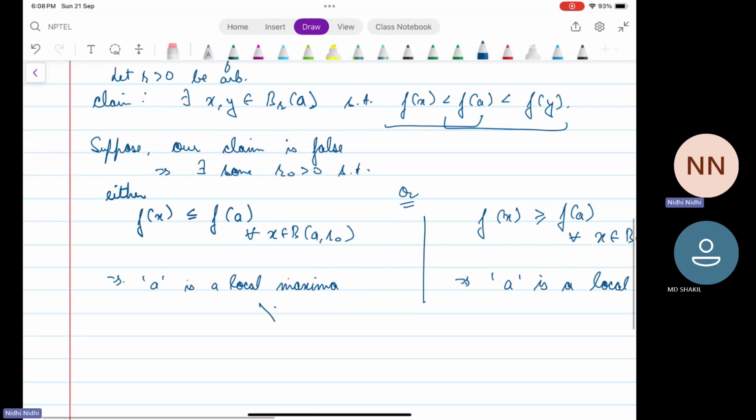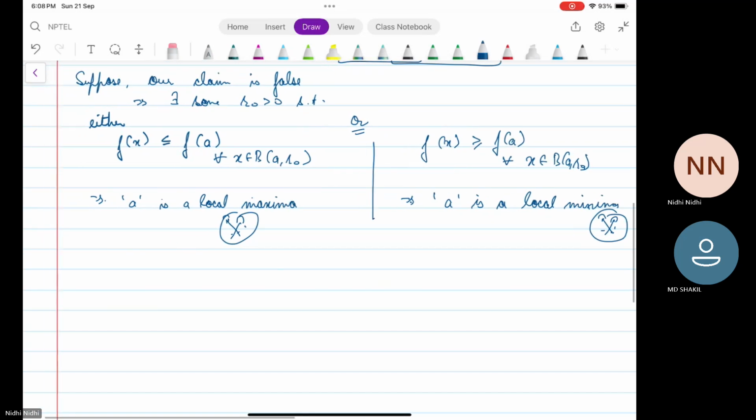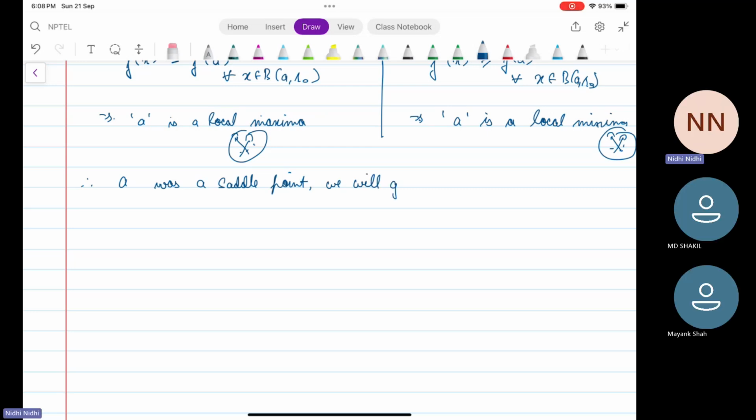So both cases give us a contradiction, since A was a saddle point.